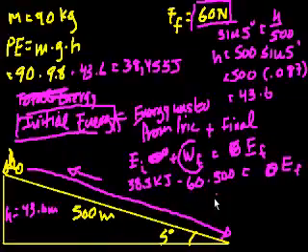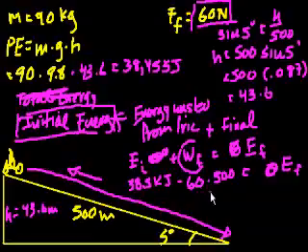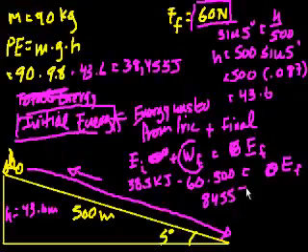And what is this? 60 times 500, that's 30,000. So let's subtract 30,000 from 38,500. I could have done that in my head. So that gives us 8,500 joules is equal to the final energy.